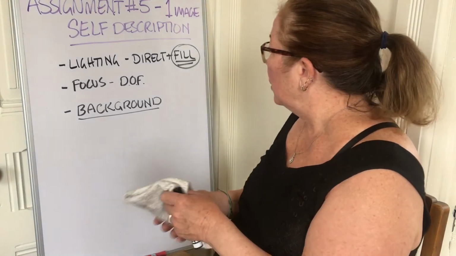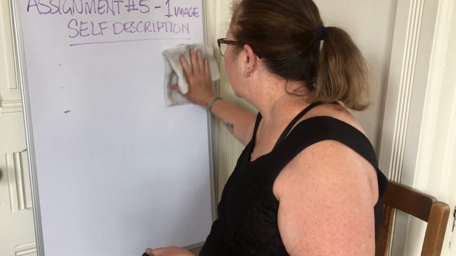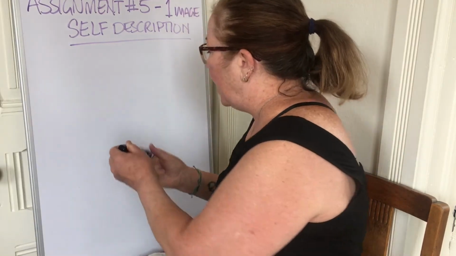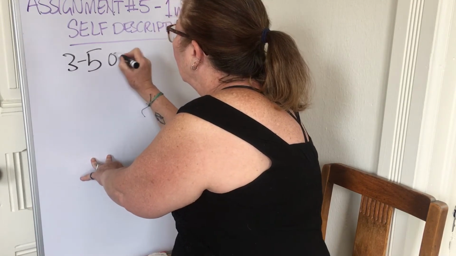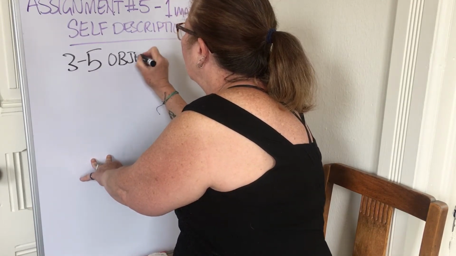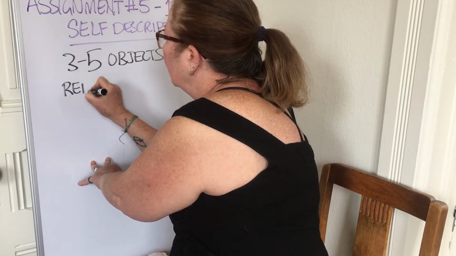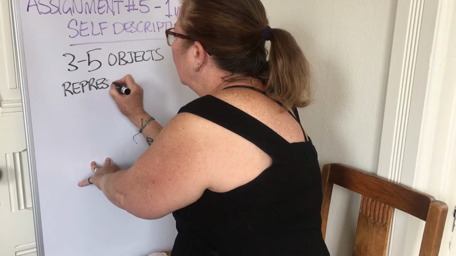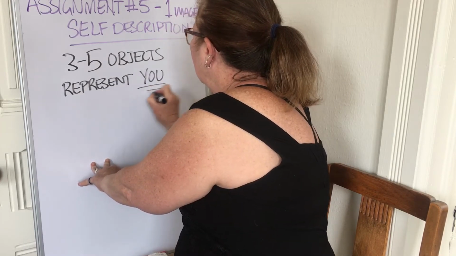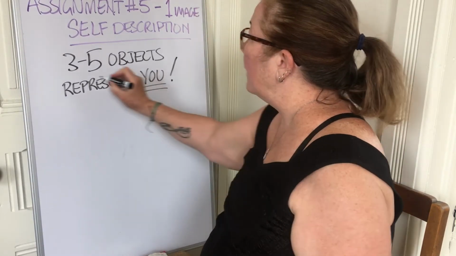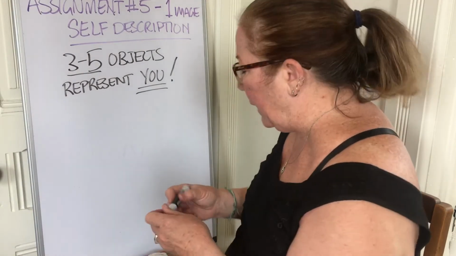Right. So what you're going to do for this is you're going to choose 3 to 5 objects, and 3 is probably better, that represent you. Right, 3 to 5. Don't put more than that in there, or it's going to be too busy, and we'll talk about that in a minute.